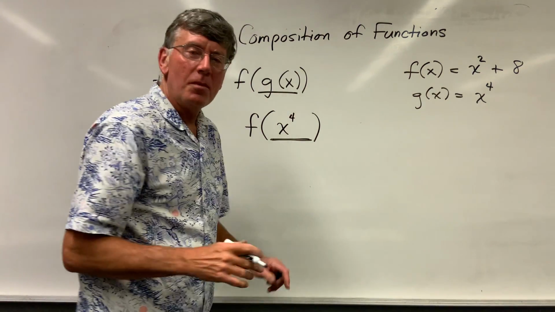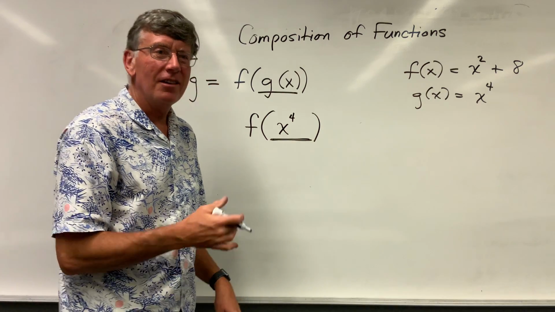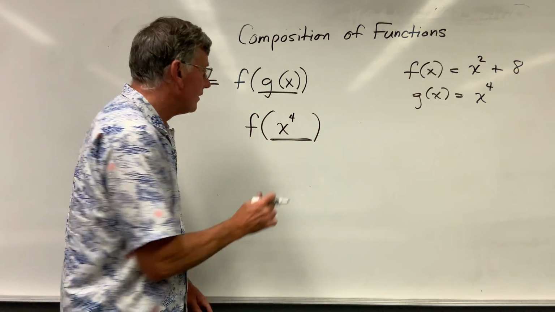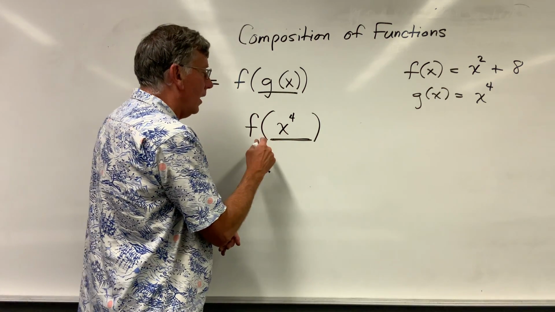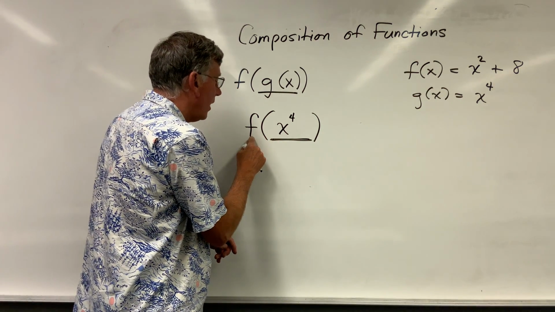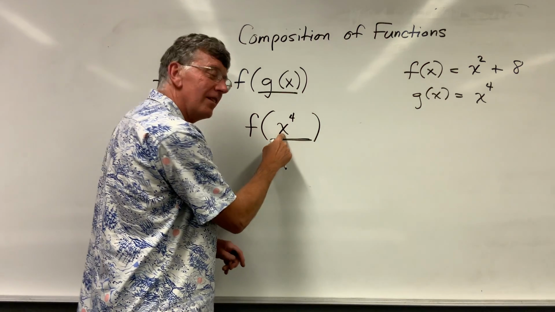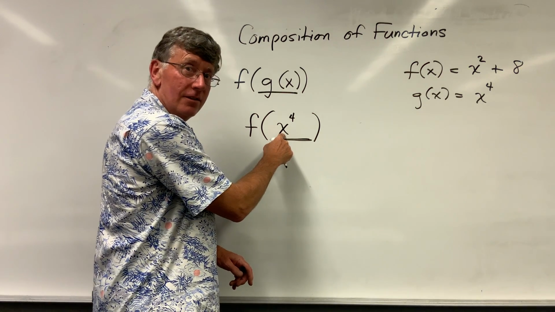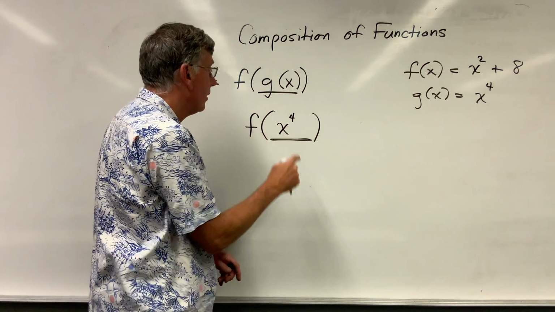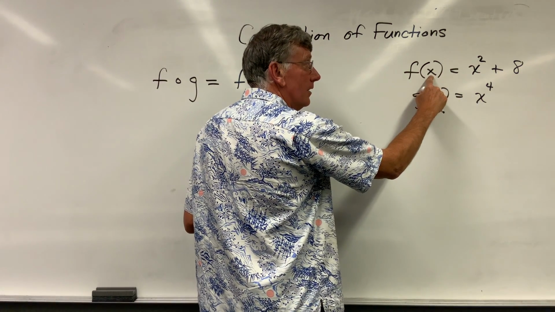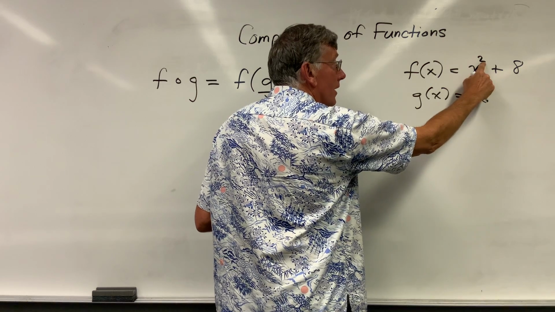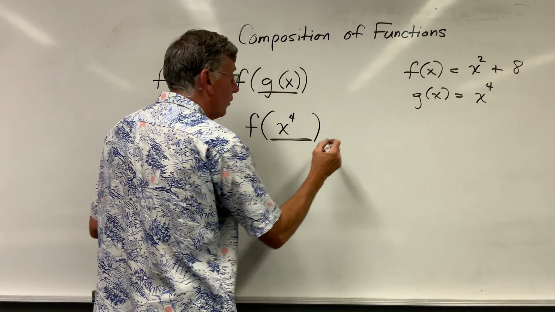This is what I love about the composition of functions, because it forces you to understand this slot principle of a function. I'm talking about now applying f to what is in this slot. In this case, it's x to the 4th. F says, take whatever is in that slot, square it, and add 8. So I'm going to do that.